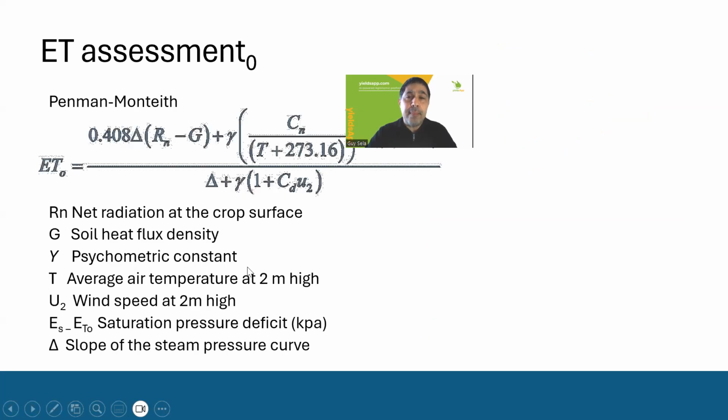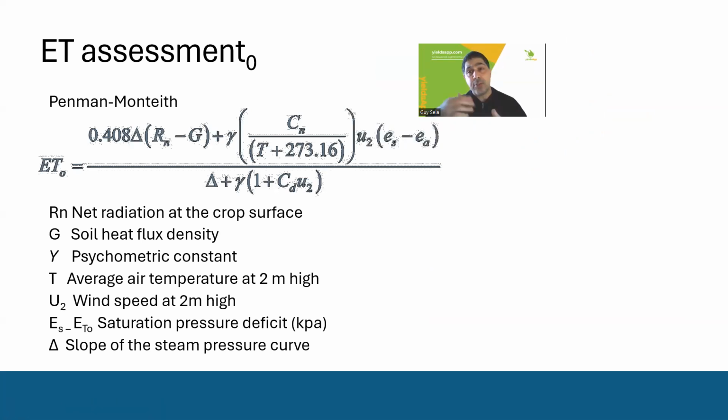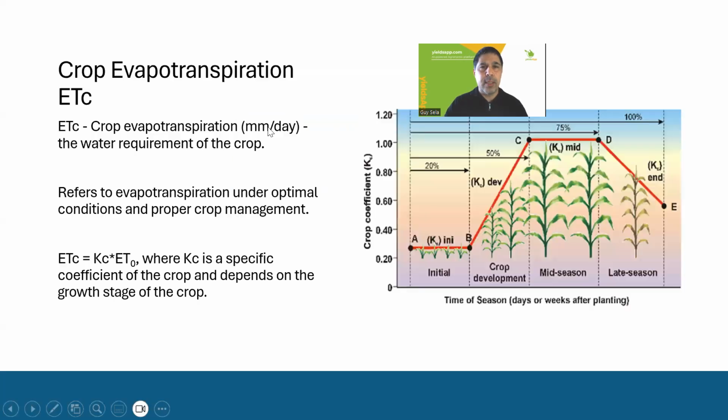Another very common method is using equations and models, which is used by services that provide the reference evapotranspiration. It uses different parameters: net radiation, wind speed, saturation pressure deficit, etc. So there is the mathematical way, and there is the evaporation pan. Today there are some other methods that I will not mention here.